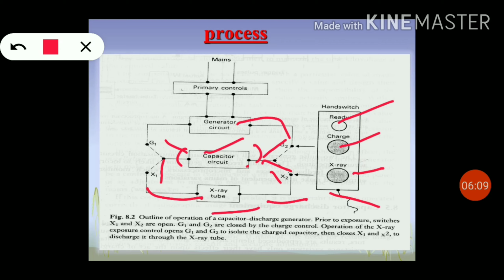So prior to exposure, switches X1 and X2 need to be open, and G1 and G2 are closed by the charge control. When the X-ray exposure control is operated, G1 and G2 open to isolate the charged capacitor, then X1 and X2 close to discharge through the X-ray tube.